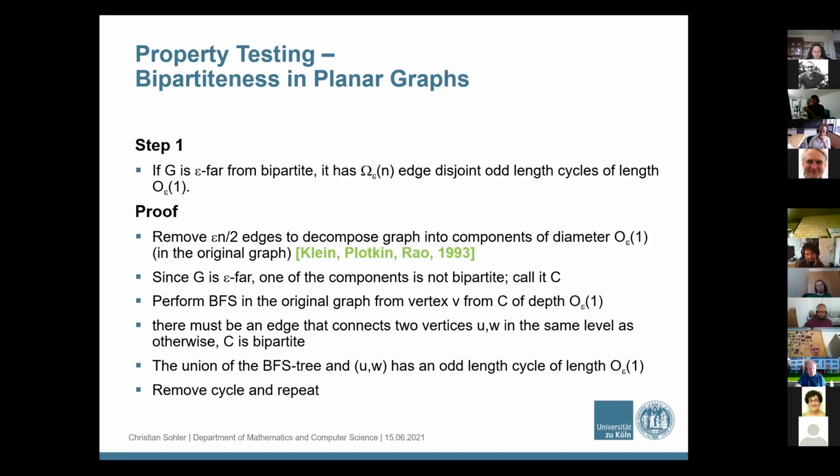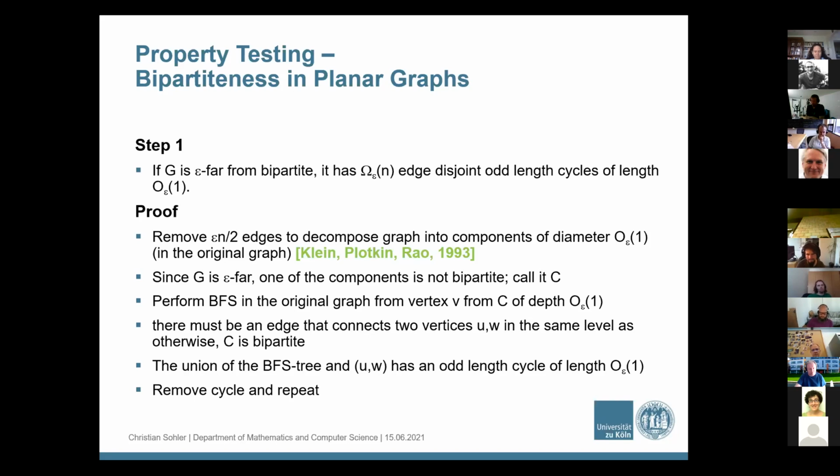Now, what we can do is we can take an arbitrary vertex from this component C, and we perform a breadth first search in the original graph from this vertex from C. And we choose the depth of the BFS such that it covers the whole component C. And there we can use that the diameter in the original graph is constant.